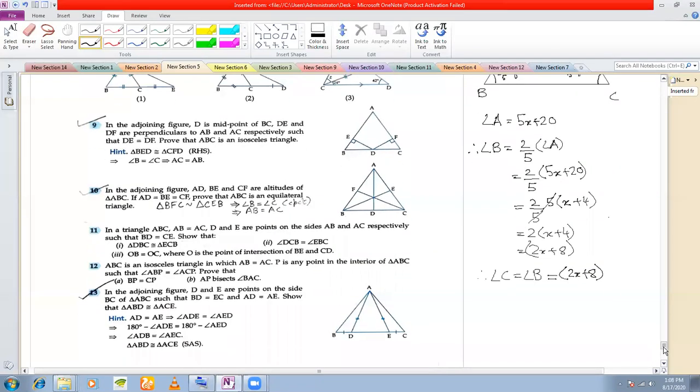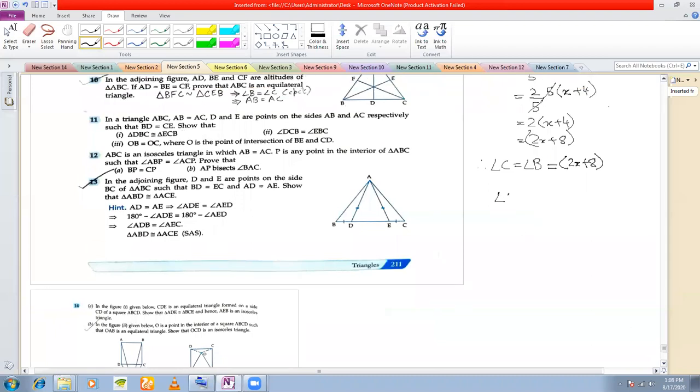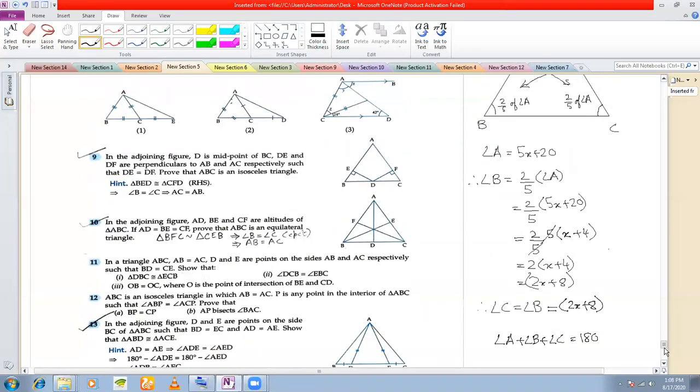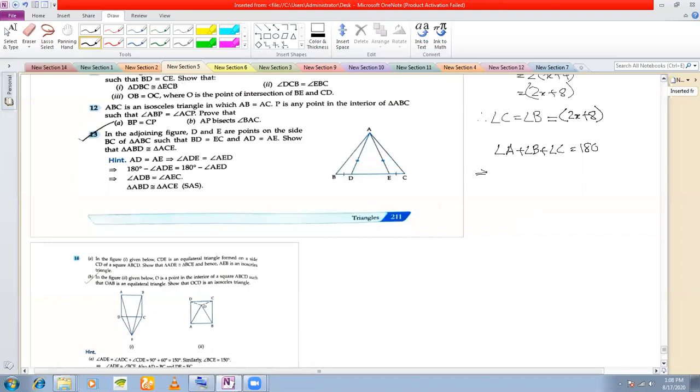Now, in any triangle, you know that the sum of interior angles is 180 degrees. So angle A plus angle B plus angle C is equal to 180 degrees. And what is angle A? 5x plus 20, plus 2x plus 8, plus 2x plus 8, is equal to 180.